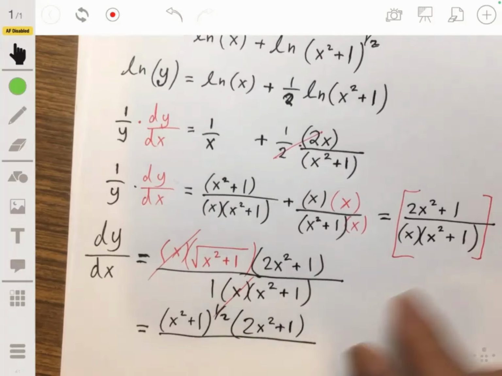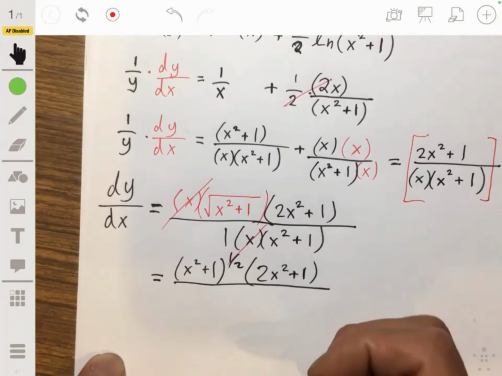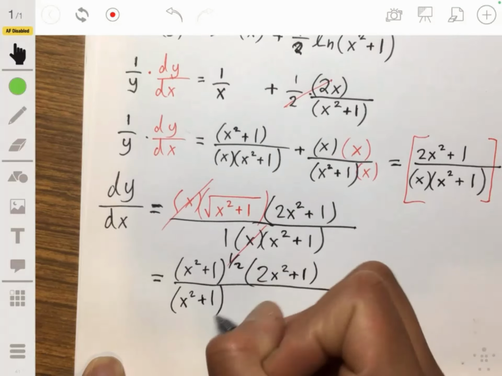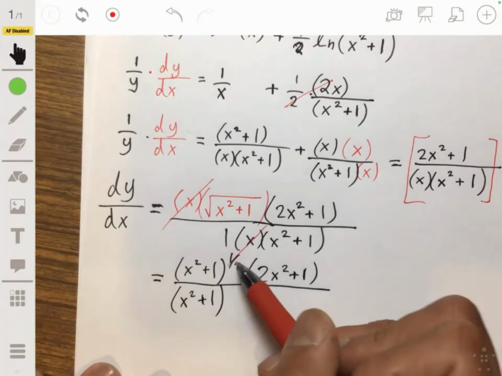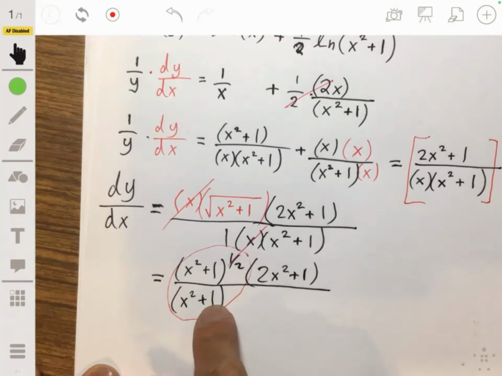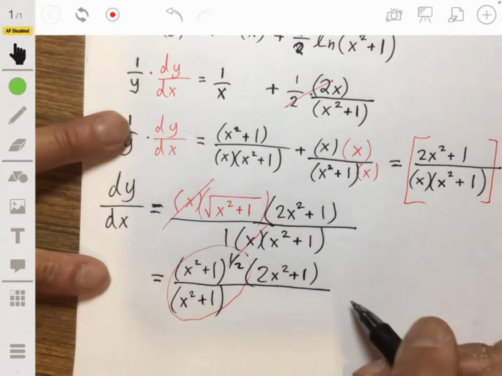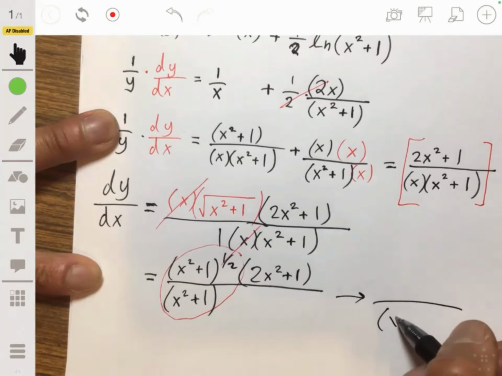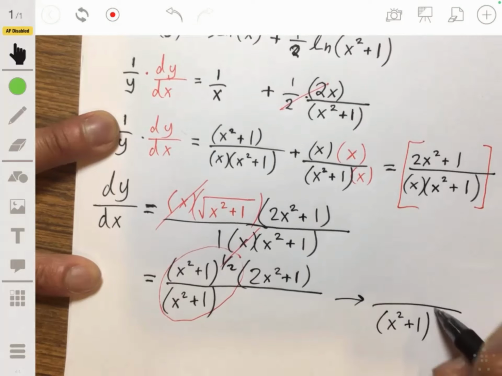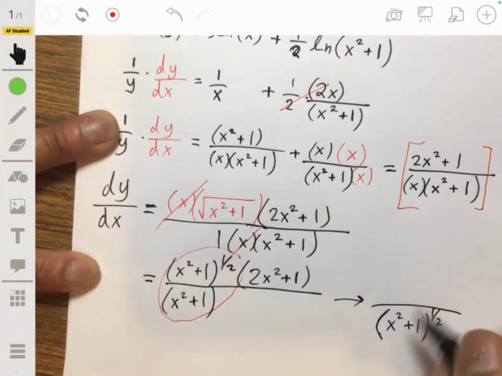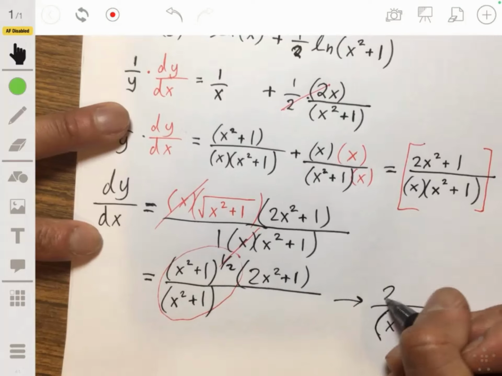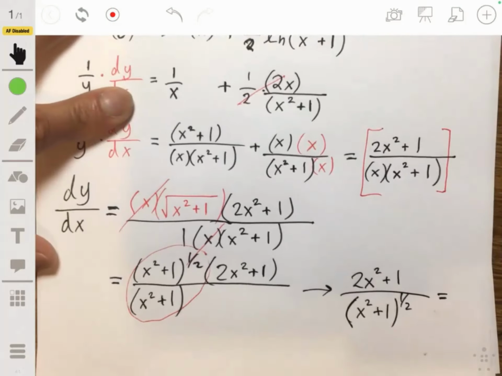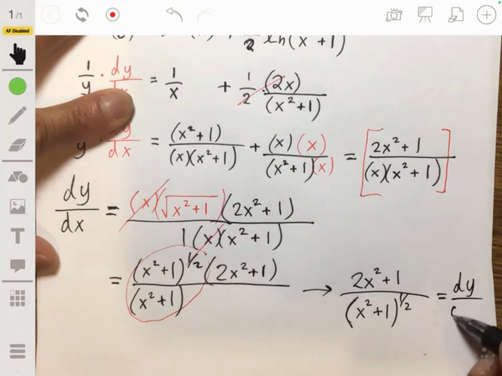And this is the same base as the bottom, x squared plus 1. So what we can do with this is just reduce it. The bottom is just going to be x squared plus 1 to the 1/2 power, or you can put the square root of x squared plus 1. And on top, we'll have 2x squared plus 1. And this will be your derivative, or your dy dx.